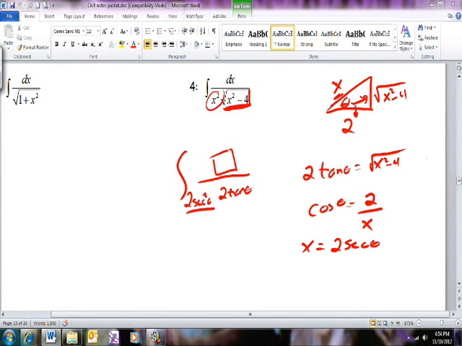And then dx is going to be 2, well, the derivative of secant is secant tangent. The derivative of tangent is secant squared. So that's what goes up for dx: secant theta tangent of theta.